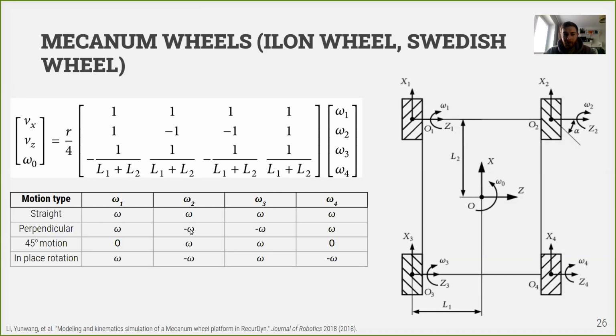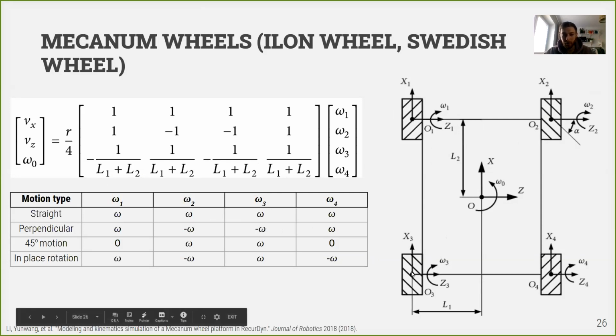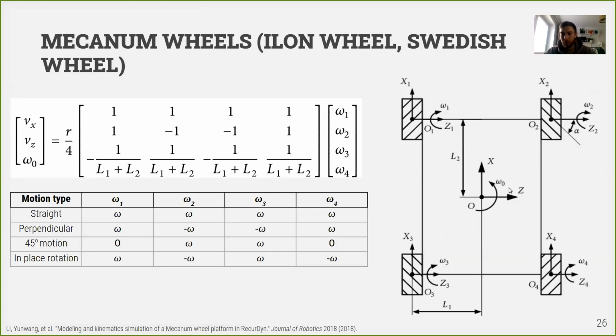If we now inverse two of our four wheels, so if wheel one rotates forward and wheel four rotates forward, while those two wheels rotate backward, we will have perpendicular motion, so we will move sideways. And for 45 degrees or for in-place rotation, there are also really simple control rules we can apply to get all these four motion patterns. And combining them, we can have motion of any type, moving in any direction basically.